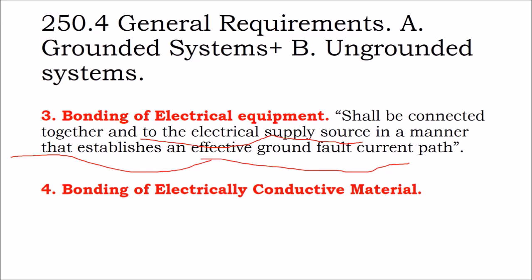So we cannot just have a billion different ground fault paths on our system, one for that section of building, another for another section of the building. All of your electrical system in that building must be bonded together and have a single effective fault path to ground.